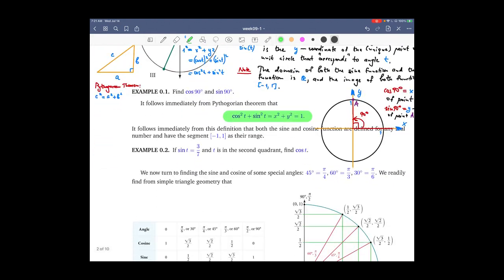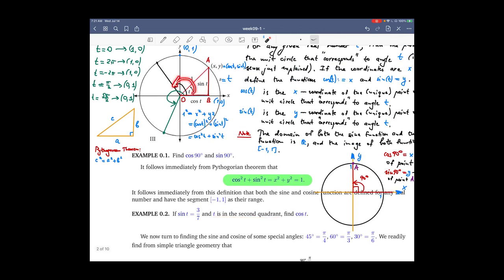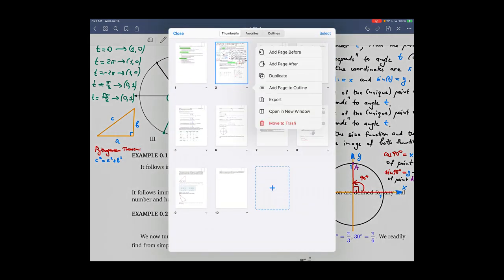Let's solve a problem. Say it's known that sine t is 3/7 and that t is an angle in the second quadrant. Find cosine t. Let me add a page.